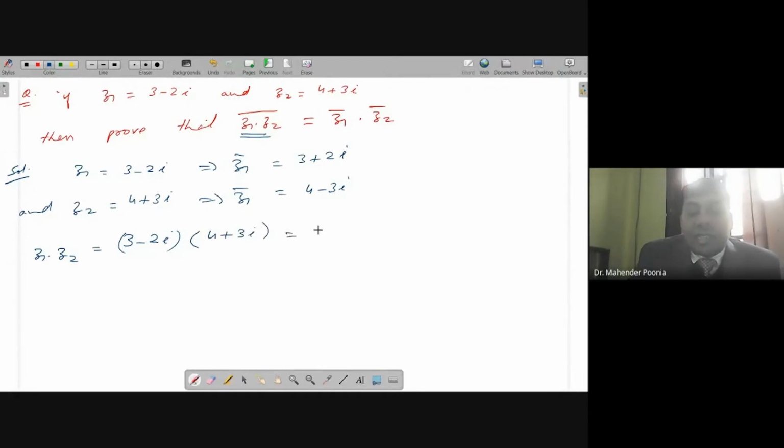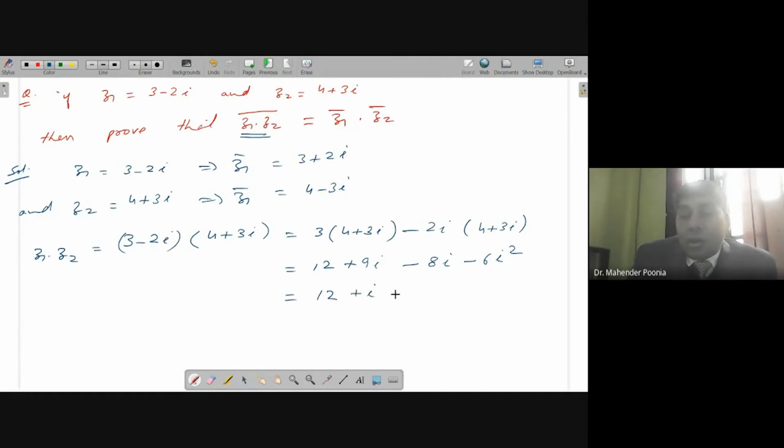We can write it as 3 into 4 plus 3 iota minus 2 iota into 4 plus 3 iota, which is equal to 12 plus 9 iota minus 8 iota or minus 6 iota square, which is equal to 12 plus 9 iota minus 8 iota, that means plus iota, or minus 6 into minus 1, is equal to 12 plus 6, 18 plus iota.